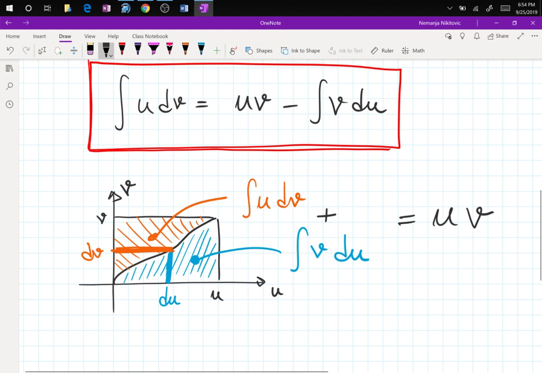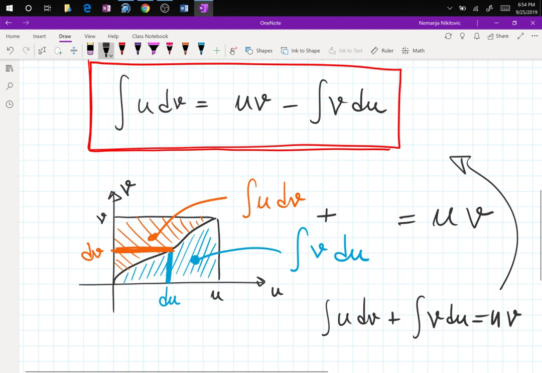Now over here, this formula becomes the integral of u dv plus the integral of v du equals uv. And then from there, you go back into the formula. So this is a graphical way to prove the same formula, which is what you got earlier by fixing the product rule going this way.